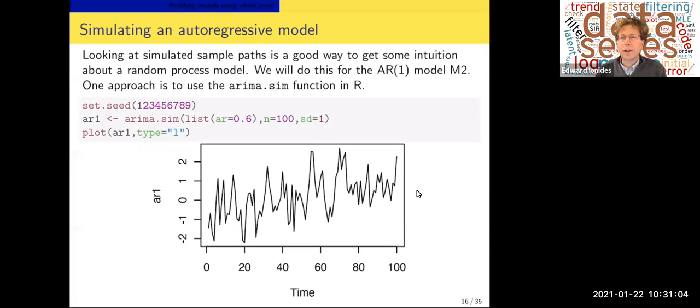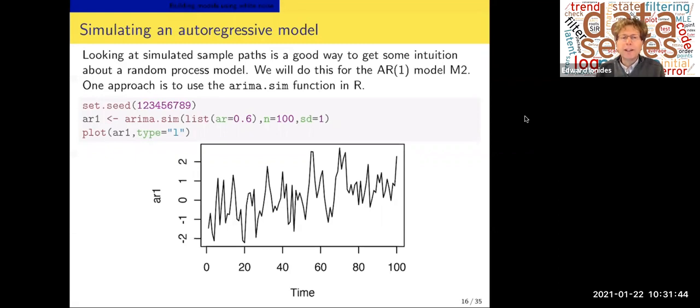Let's even do that first, right? This is a model we want to understand, and if we want to understand it, it seems like a really good idea to look at some sample paths, a range of sample paths generated from the model. There are different ways to do this, and one direct way is just to use the arima.sim function in R. Once you've learned to use it, you can draw samples from any ARIMA model, which is a generalization of the ARMA model, that you want to understand.